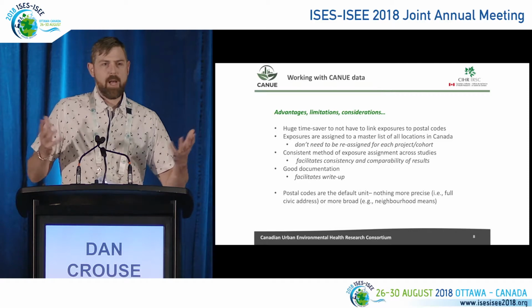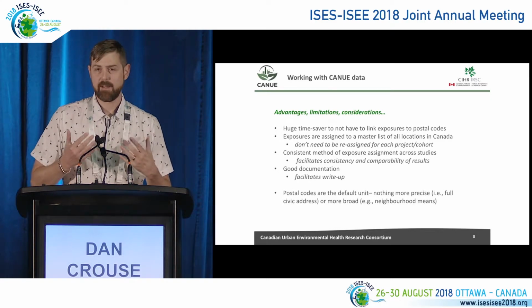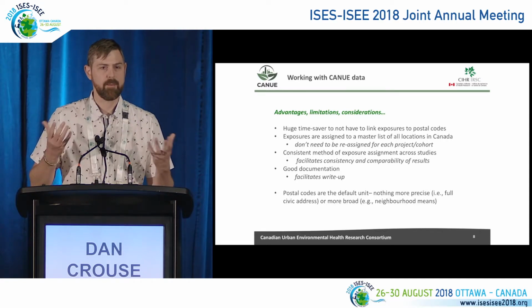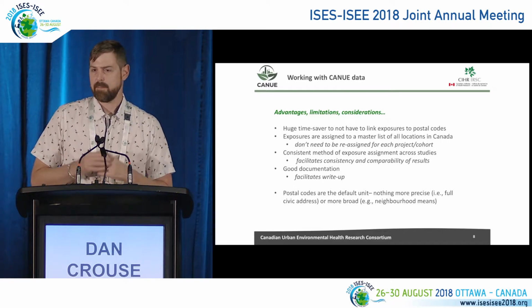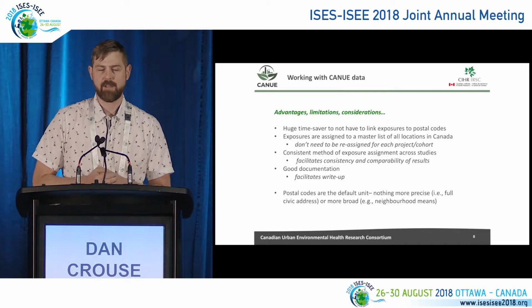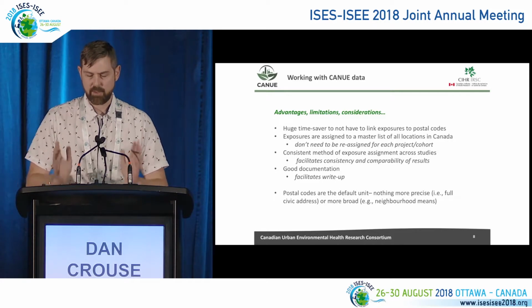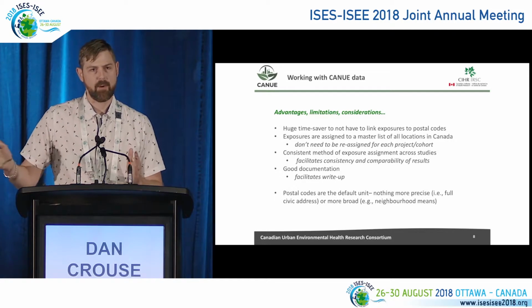So here are some of my perspectives as someone who's now using these data. For me, it's been a huge time saver to be able to access these data. As I mentioned in those earlier studies, I had to do all that exposure assignment myself, and it's not a struggle, but it's tricky to make sure you're using the exact same exposure method every time.